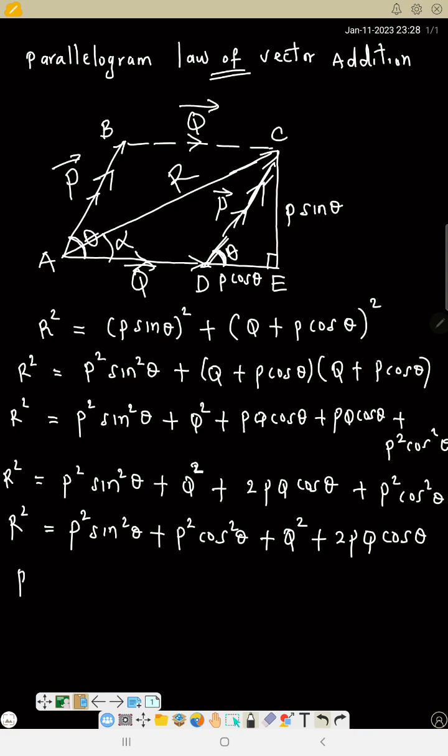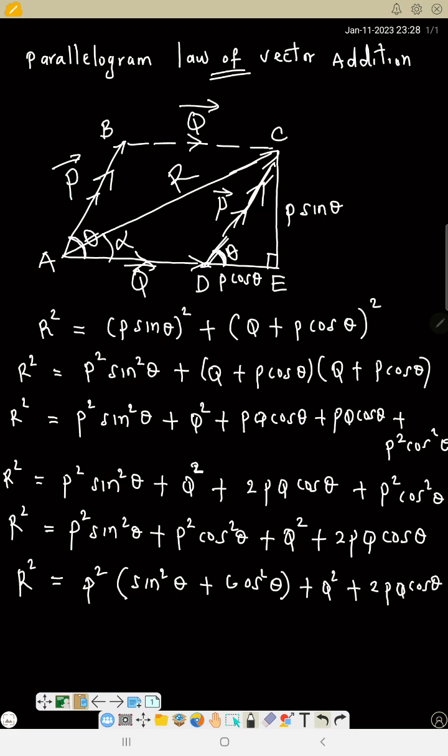Now p square is common here, so this becomes p square into sine square theta plus cos square theta, then plus q square plus 2pq cos theta.